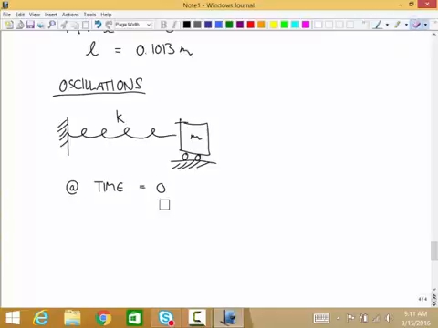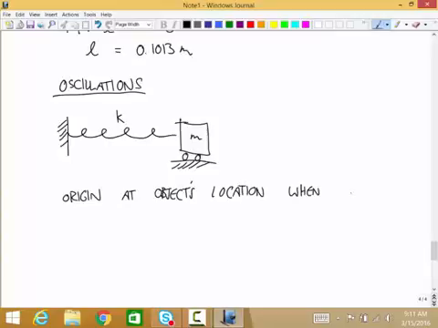Okay, so let me set a couple things up before I do that. So put the origin at the object's location when the spring is at its resting length.